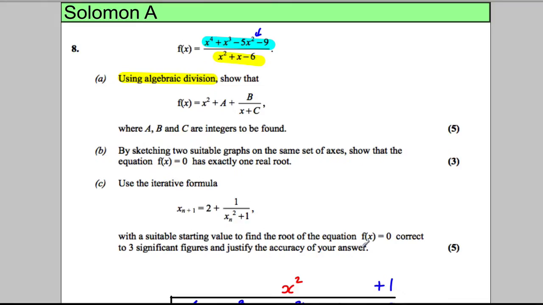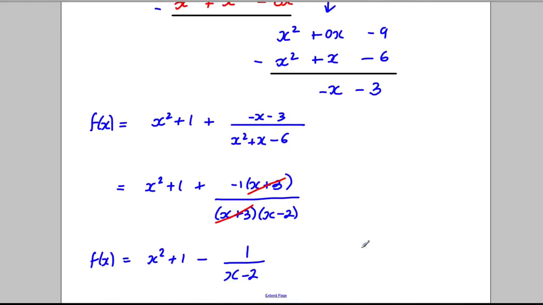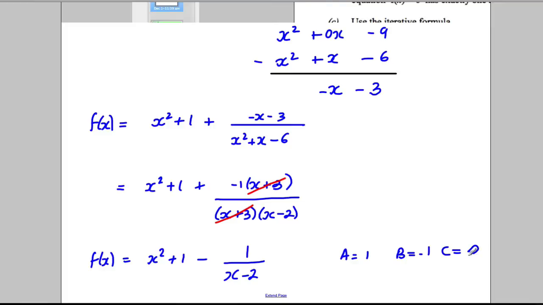So then in the question, our a is 1, our b is negative 1, and our c is negative 2.